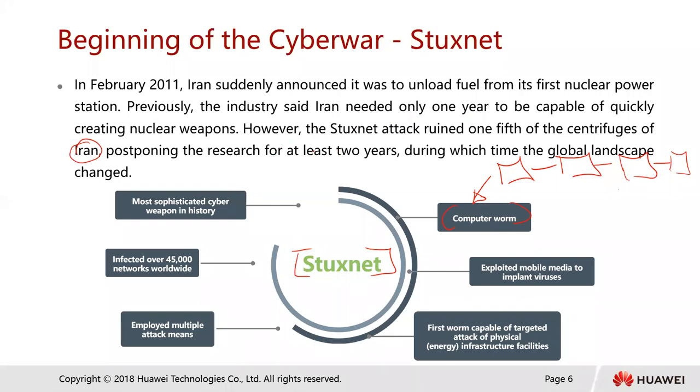But this attack exploited mobile media to implant viruses. So even the people who worked for Iran, even their mobile devices were attacked. Also, the worm was capable of targeted attacks on physical energy infrastructure facilities. As long as any device is electronic, this was a kind of worm which could also affect hardware in a sense.